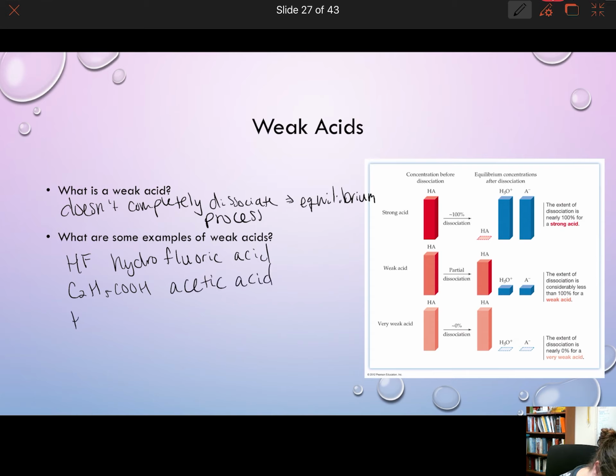Phosphoric acid, another one that a lot of people think would be a strong acid, is not. And another common one, carbonic acid.